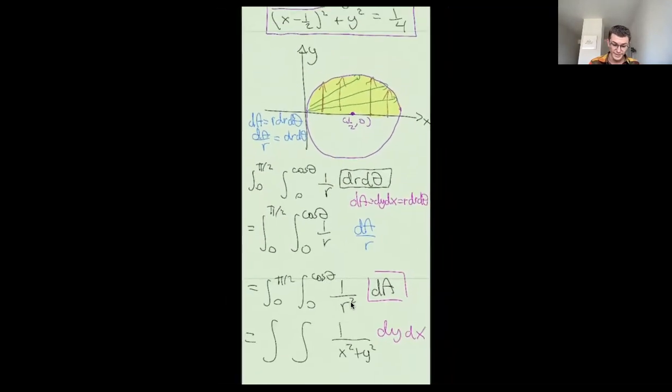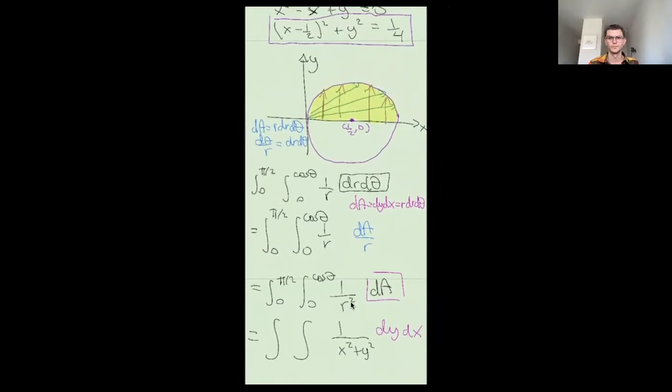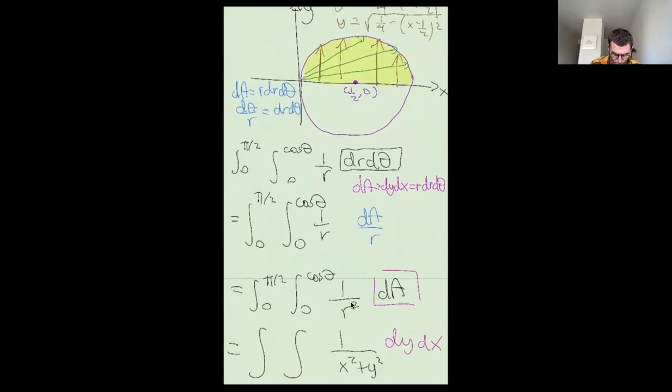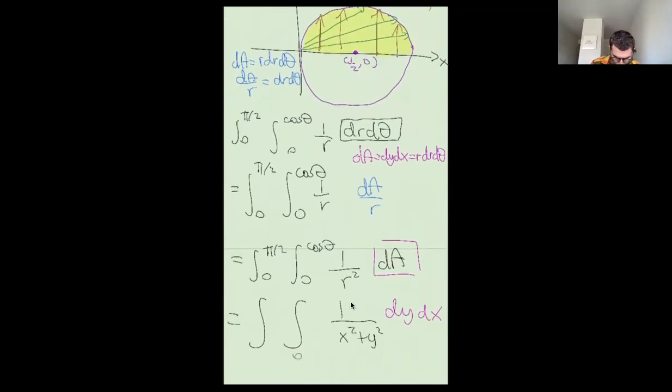So we have the equation of the circle, right? It wouldn't just be the square root of that. You have to solve for y squared. If you solve here, y squared equals 1/4 minus x minus 1/2 squared, and so y equals the square root of that. That's the bound for y, from 0 to that square root.